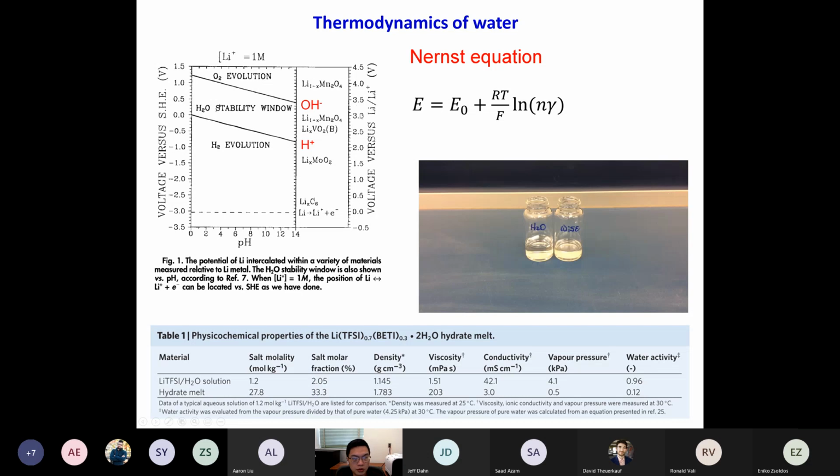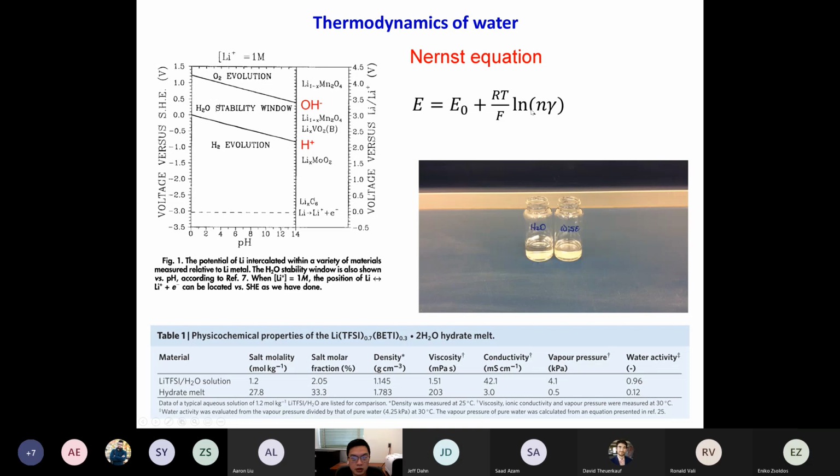And another more important thing, that's the first part. We're going to talk about this first. So in water-in-salt electrolyte, it's very unique because you actually limit all the water molecules into the lithium ion solvation shell, which means we largely reduce the concentration of the proton and the hydroxide groups in this aqueous solution.